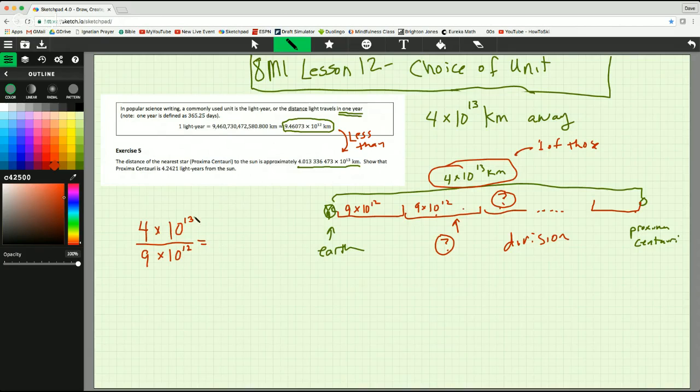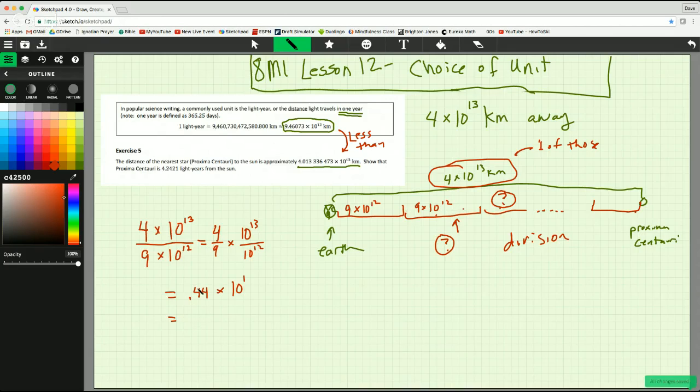Again, you can use a calculator, but this is 4/9 times 10 to the 13th over 10 to the 12th. And we know that if we do our division, this is 0.44 times 10 to the first.